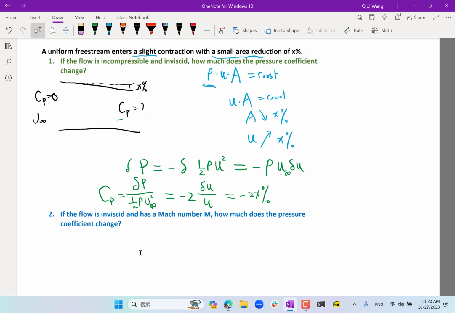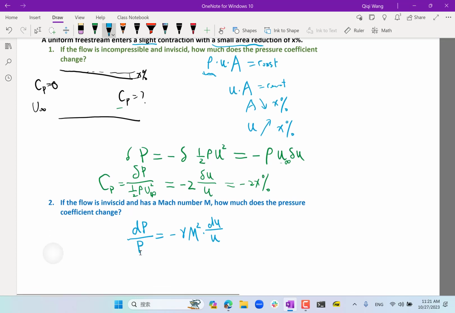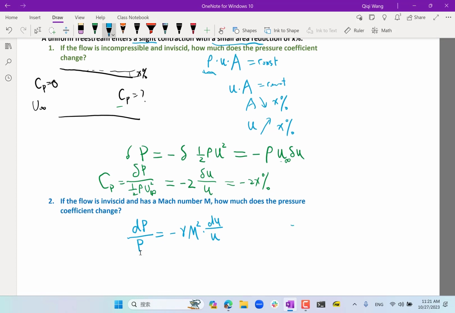Let's just copy the equation we had in the previous slide: dP over P is equal to minus gamma times m squared times du over u, right? Okay, so that's what we have. And we also have rho u times A equal to a constant, the same mass conservation we had previously. And let's see how changing the Mach number from 0 to m changes both.